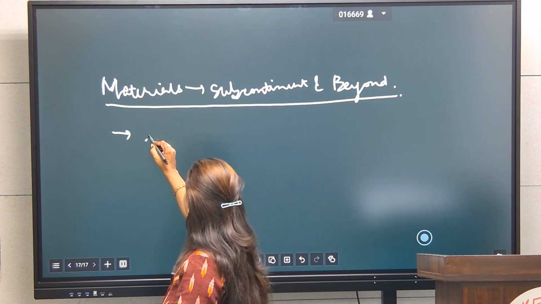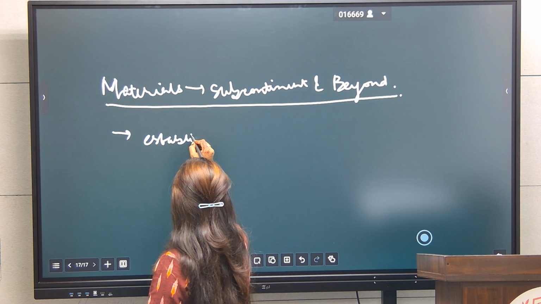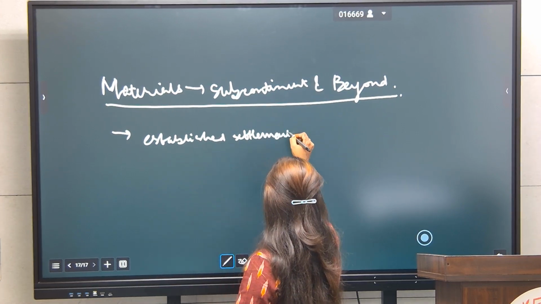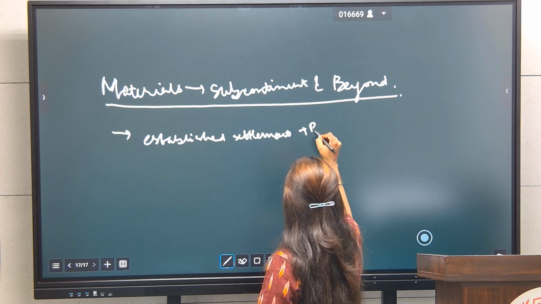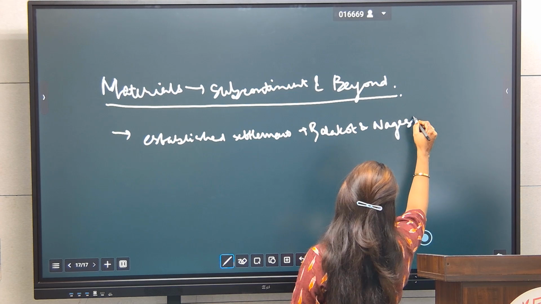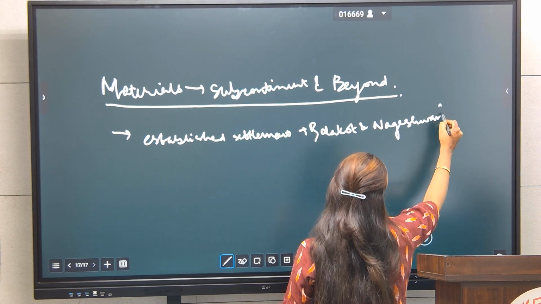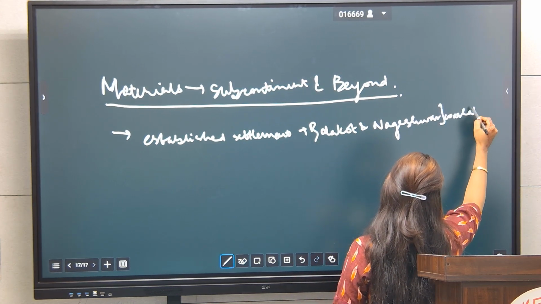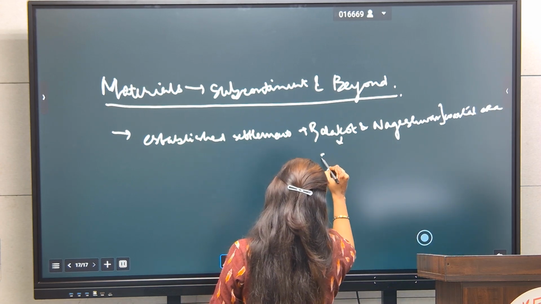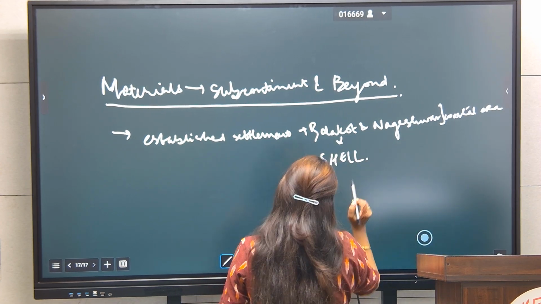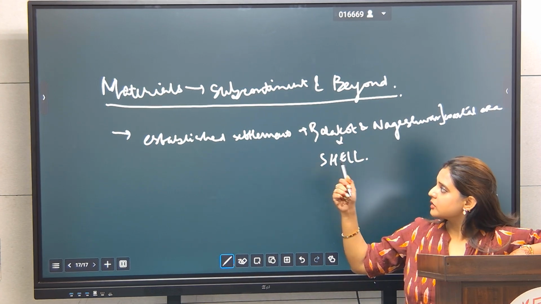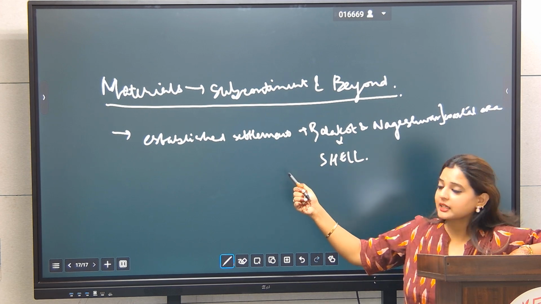So they established a settlement at Balakot and Nageshwar, which were coastal areas, for production of shell. The shell was available here, so they established a settlement there.